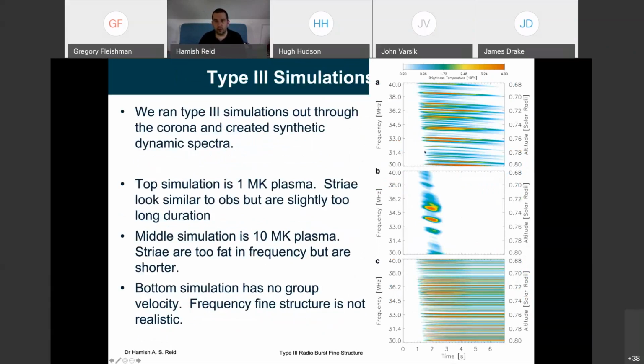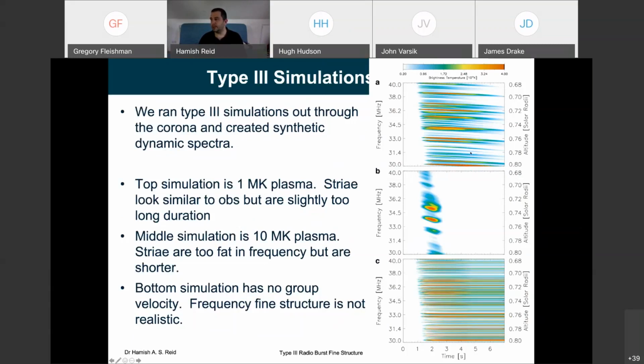In the top simulation we have 1 megakelvin plasma. We can see that we create striae bursts naturally, just because of the density turbulence that we've inputted into the simulations. They're quite similar to the observations, although actually the temporal duration is a bit too long.